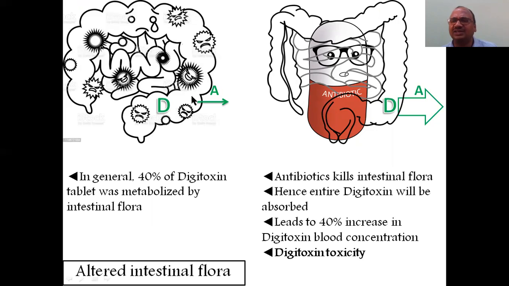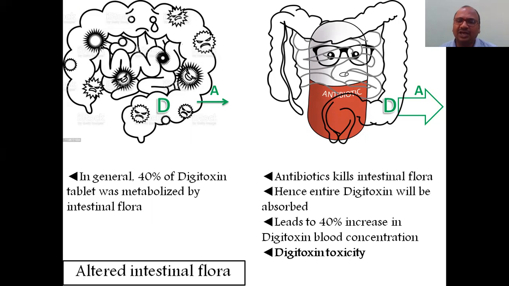It is called flora. Generally, 40% of the digitoxin tablet is metabolized by the flora. That's why digitoxin absorption is poor here. See the arrow mark. Absorption of digitoxin is very poor because of the flora. 40% of the digitoxin will be wasted, metabolized by the flora.